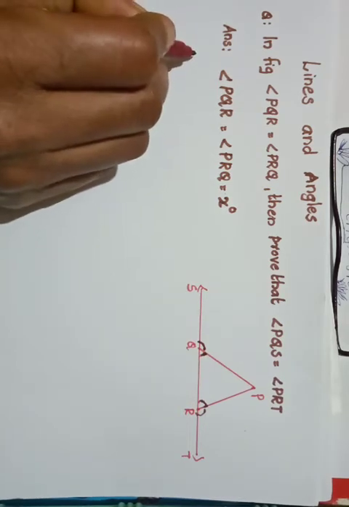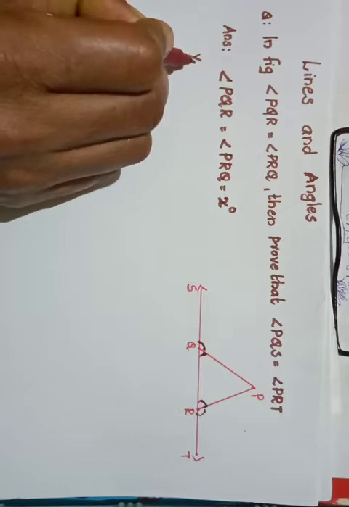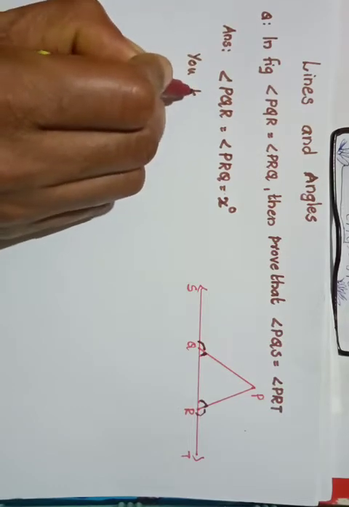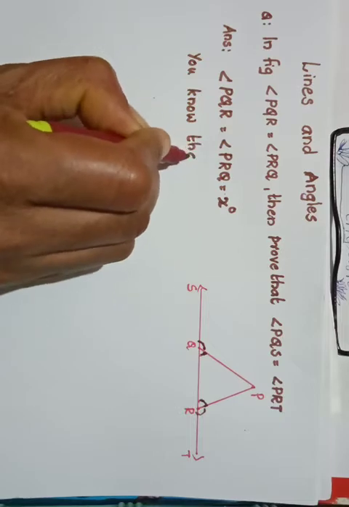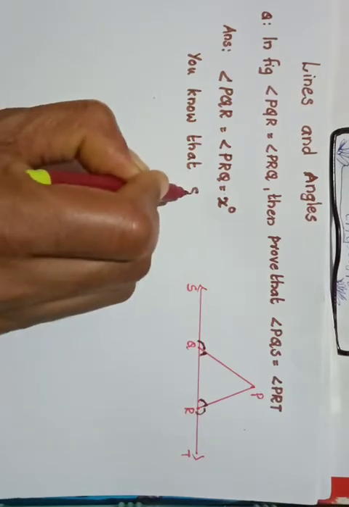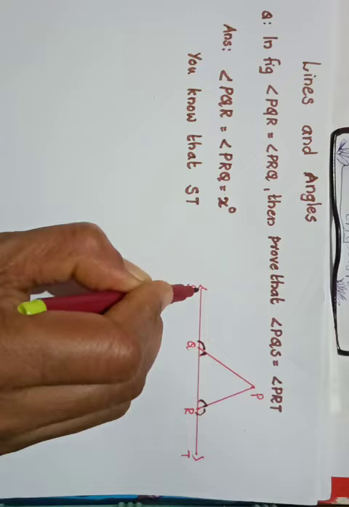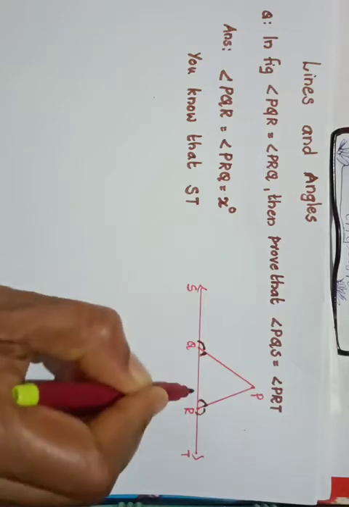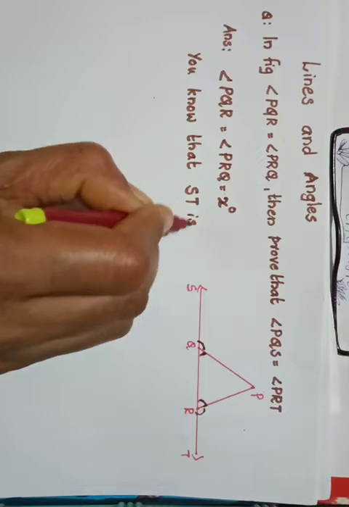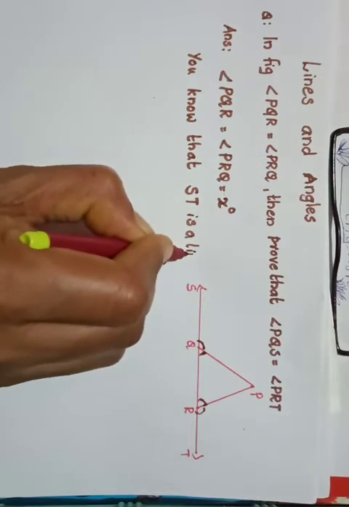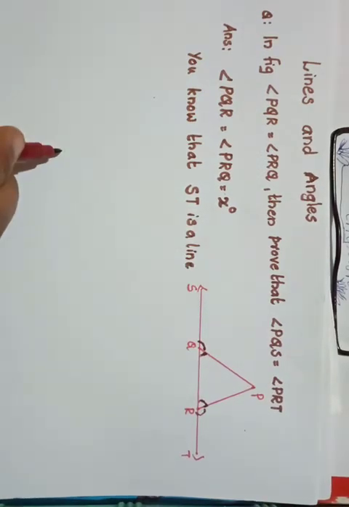Now you know that ST, that is the points S, Q, R, T, ST is a line.